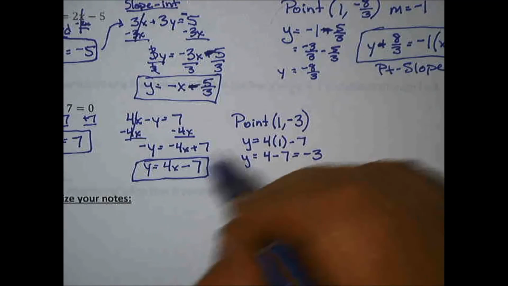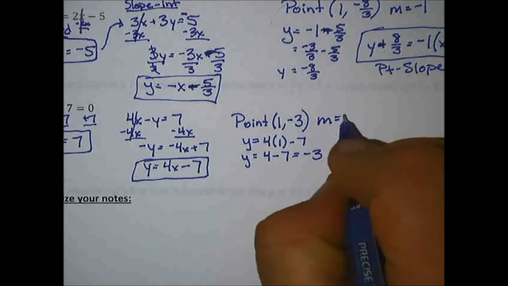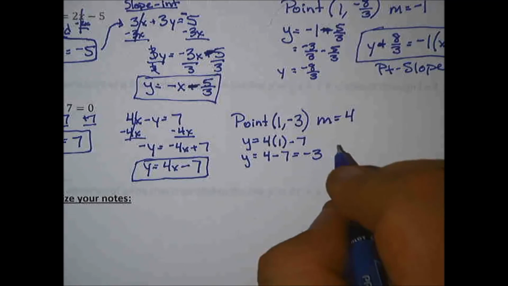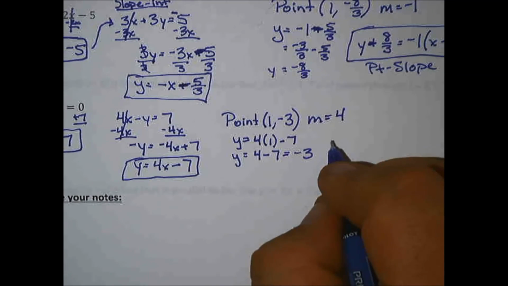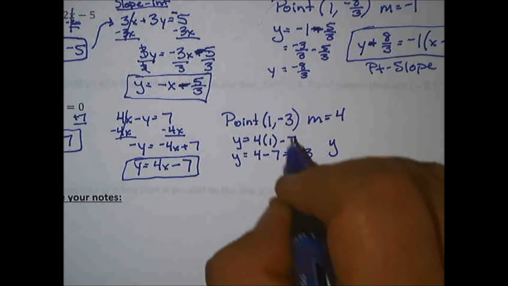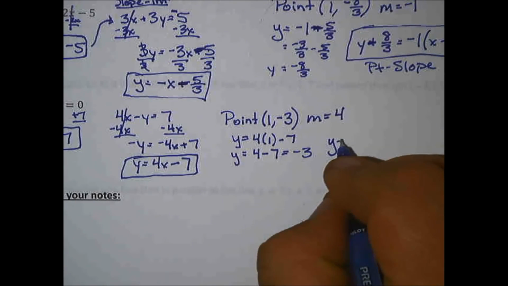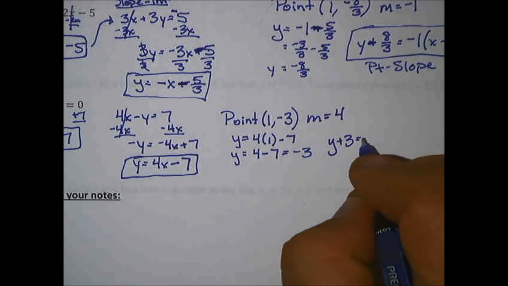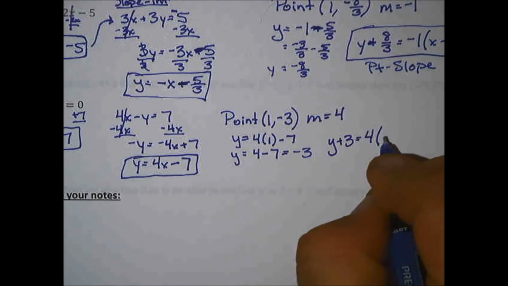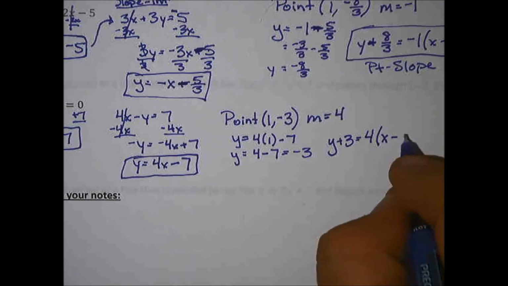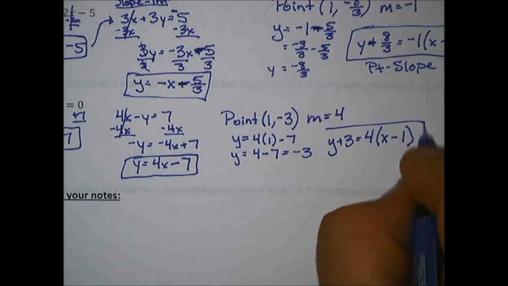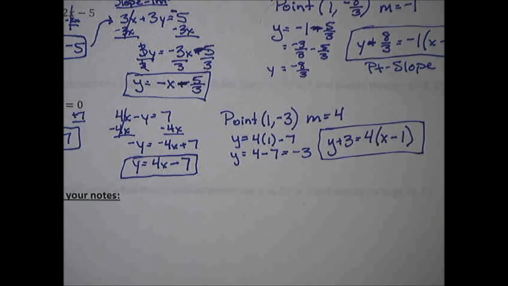Go back and check my slope. My slope is 4. And we can use now point-slope form of y minus the y coordinate. So minus -3 is +3 equals the slope x minus x coordinate. So x minus 1. And that is my equation of that line.